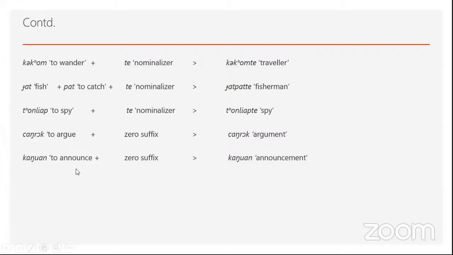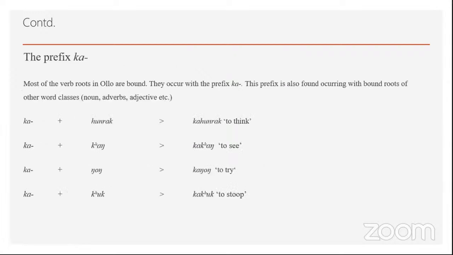In another example, Kangwan, to announce, with a 0 suffix, Kangwan, becomes a noun, announcement. So these are the derived nouns with and without the nominalizer.